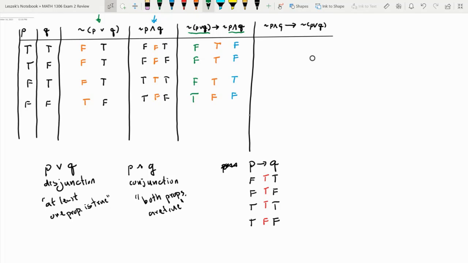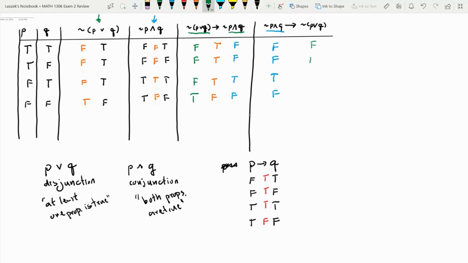Well, again, we'll just write down the truth values of the antecedent, not P and Q, which we have conveniently in one of the columns. And the consequent, there we have the green column.